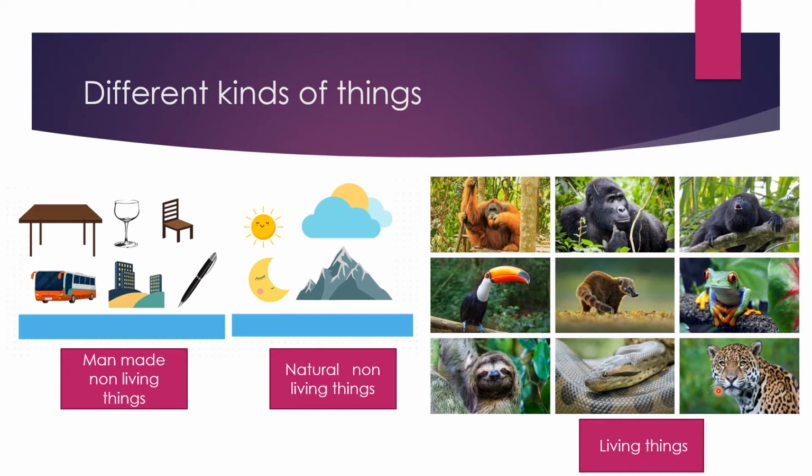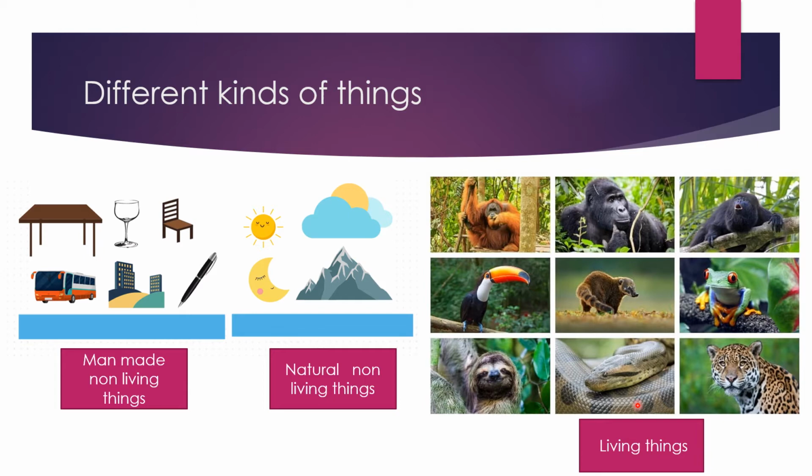Okay. So broadly, there are two categories of things. First one is the non-living and the next one is the living. But the question is, what are the criteria that actually separate these things into two categories, non-living and living?